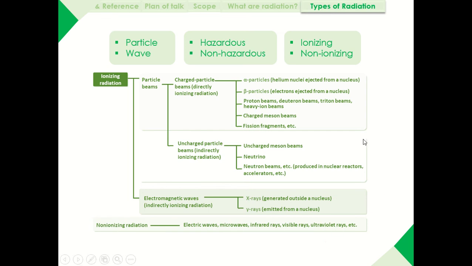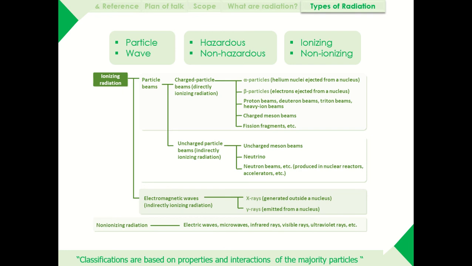Finally, I want to make the point that this whole classification is based on the properties and interactions of the majority of particles. Maybe not all the particles in a group behave as a particle or a wave.